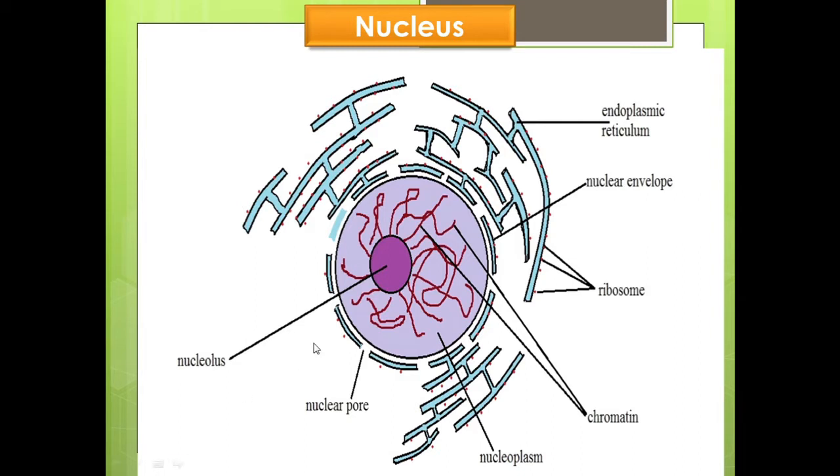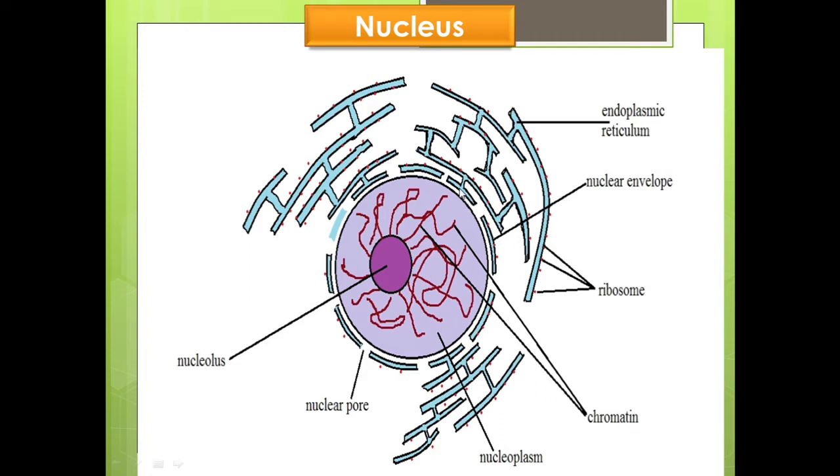This is the general structure of the nucleus, in which you can see the outer membrane is known as the nuclear envelope. This nuclear envelope has an outer membrane and an inner membrane, and the space between the outer and inner membrane is known as the perinuclear space.